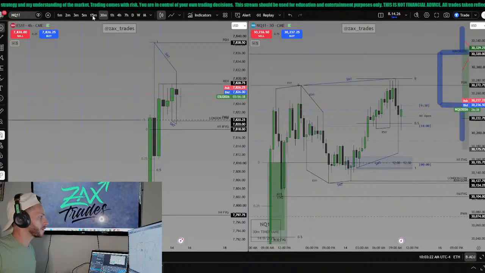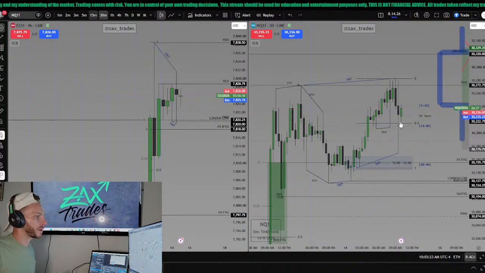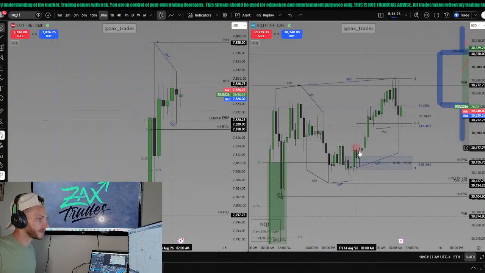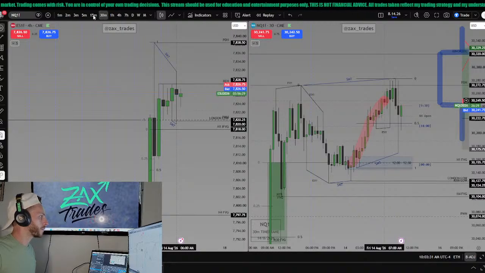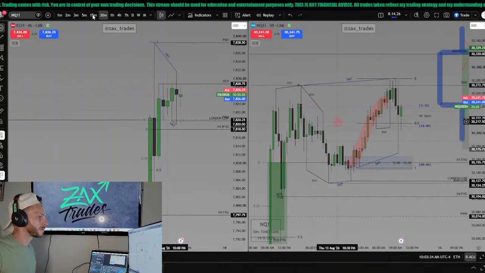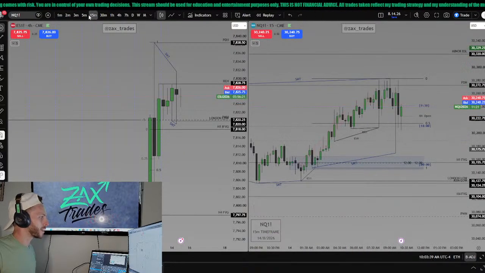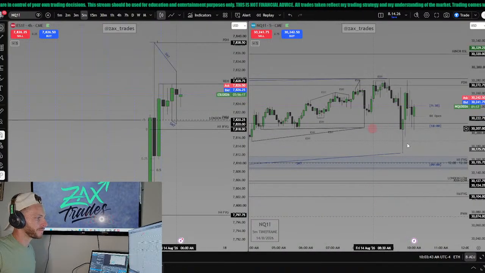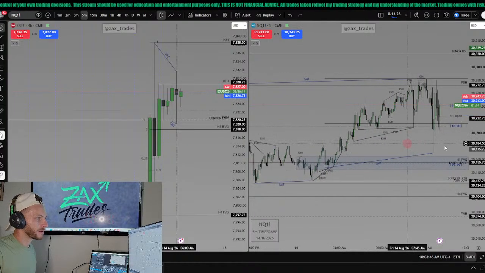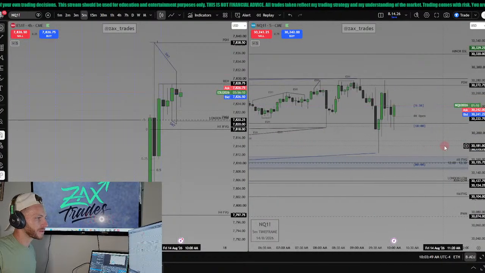So 30-minute, again, all this wick has taken everything, has filled everything I had over here. Okay. So I don't think I'm going to really be able to use those time frames very well here. I'm thinking that maybe the 5, let's see.